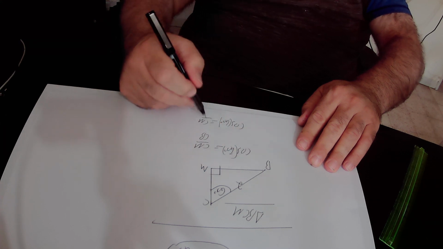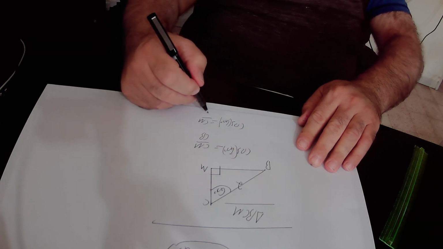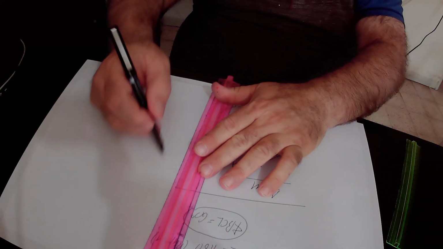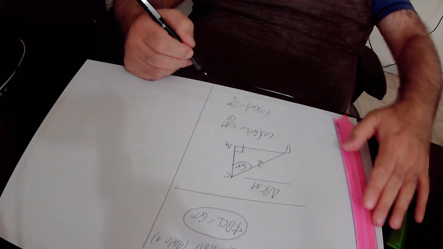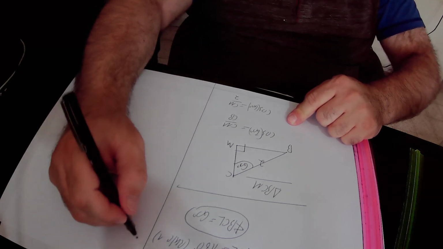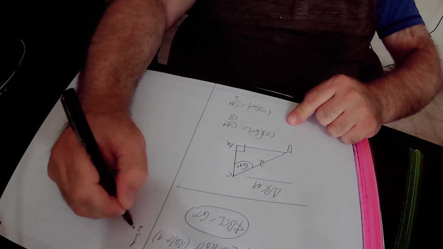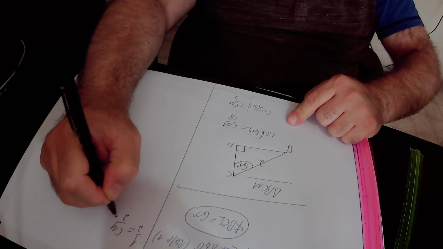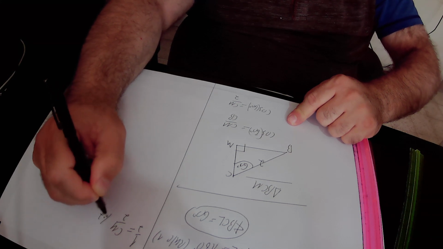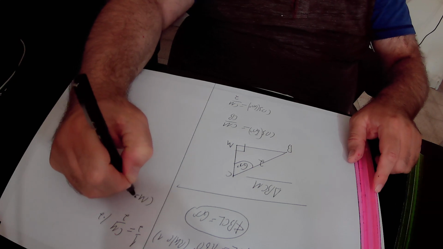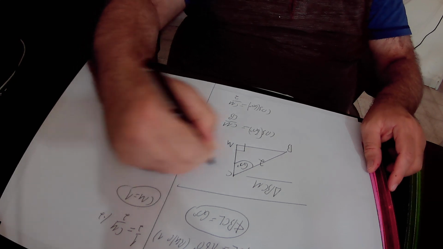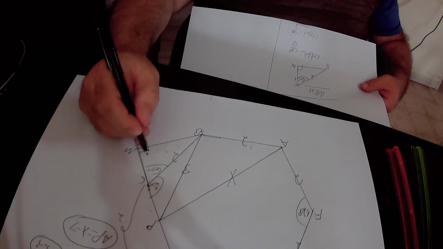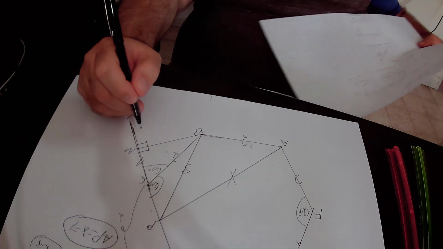CB equals 2, so we substitute CB by 2. Cosine 60 degrees is 1/2, so we substitute cosine 60 degrees by 1/2, and it is equal to CM over 2. So 1/2 equals CM over 2. We multiply this equation by 2 and we get that CM equals 1 unit. Also we can write in the original drawing that CM equals 1 unit.